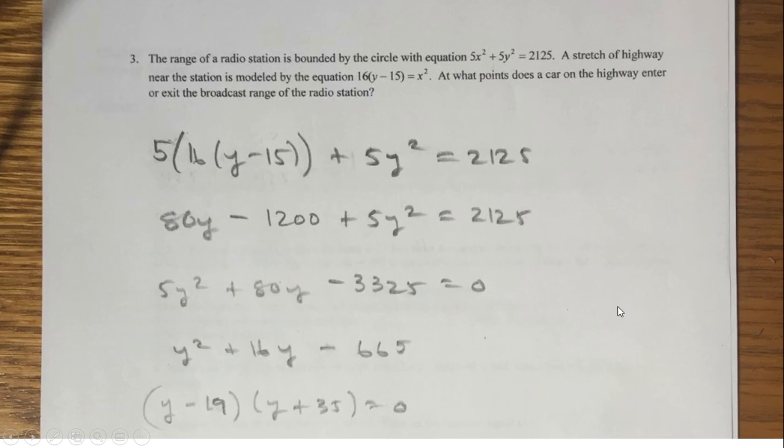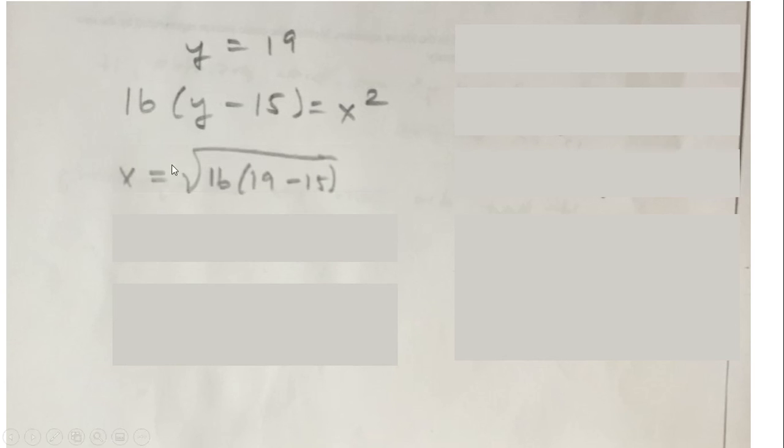All right, so y is either equal to 19 or y is equal to negative 35. So if y is equal to 19, let's use that second equation. This will be easier to figure out than using that first equation. We could have used either one, but this one's easier. So I've got y is equal to 19. So 19 minus 15 times 16, take the square root of that.